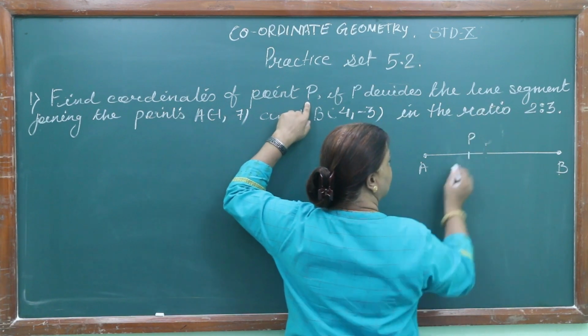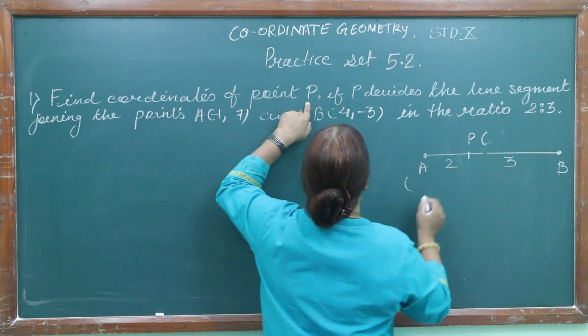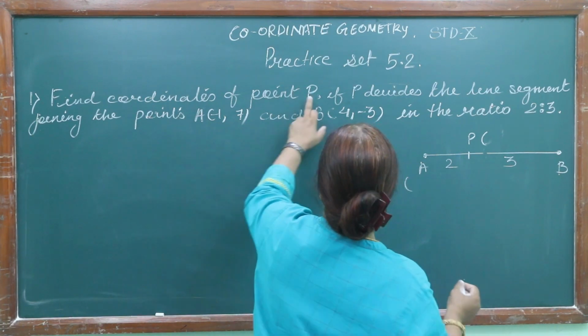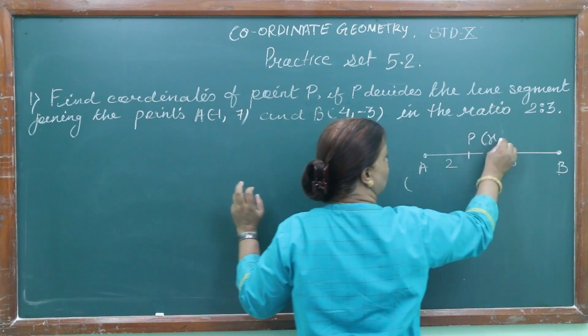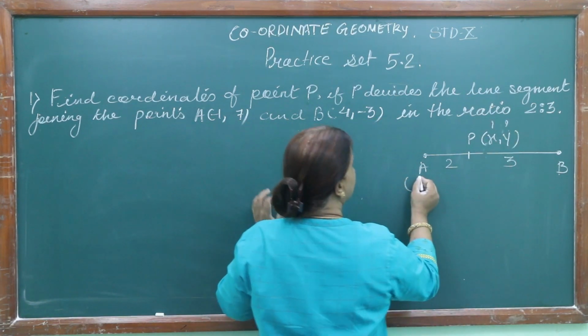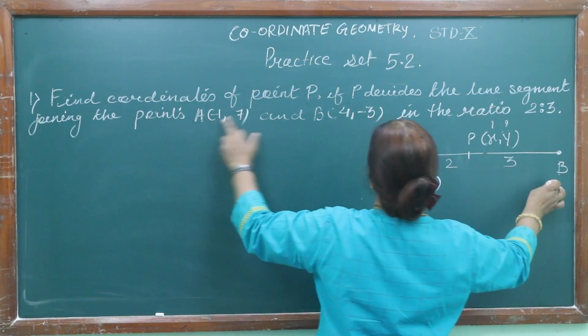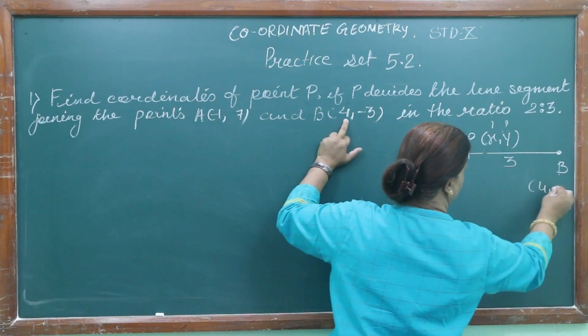Let us take point P here, 2 is to 3, and we need to find out the coordinate of the point P. Means x comma y. We need to find out x and y coordinate. And A is given minus 1 comma 7 and B is given 4 comma minus 3.